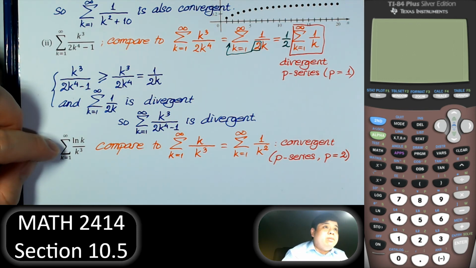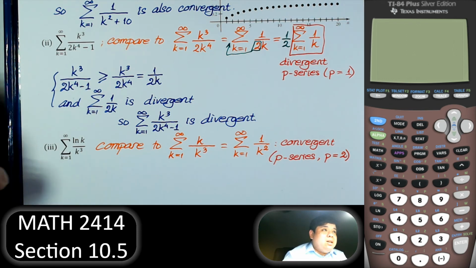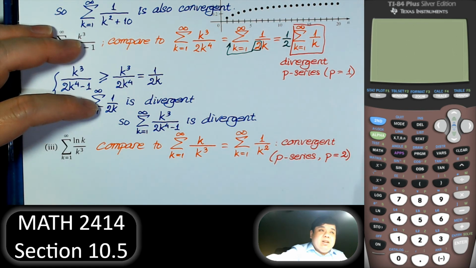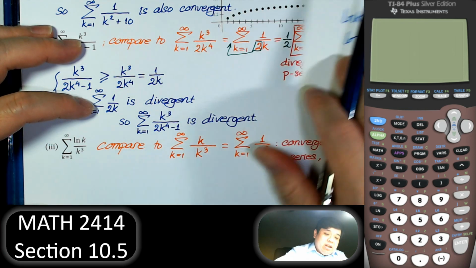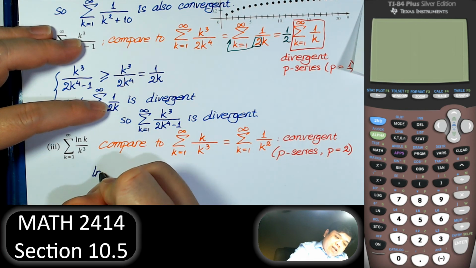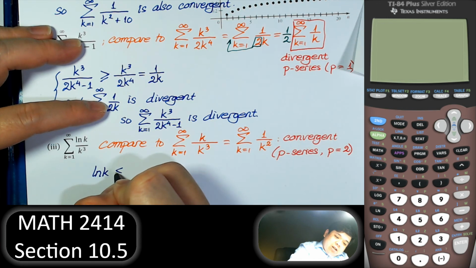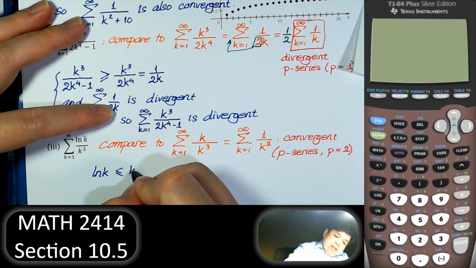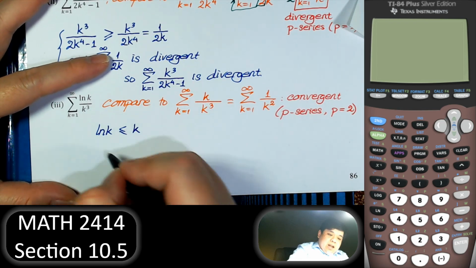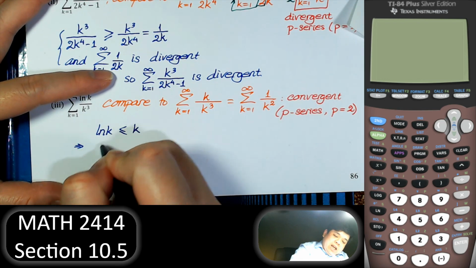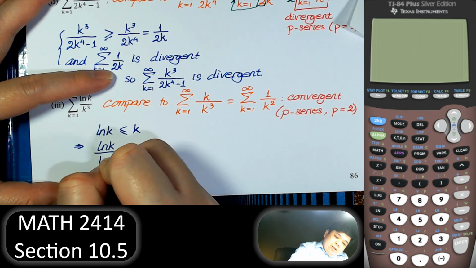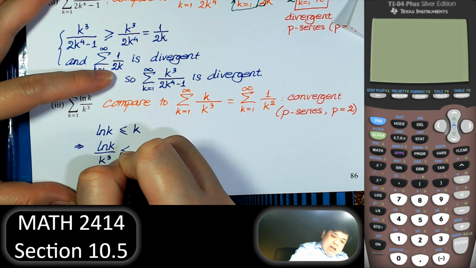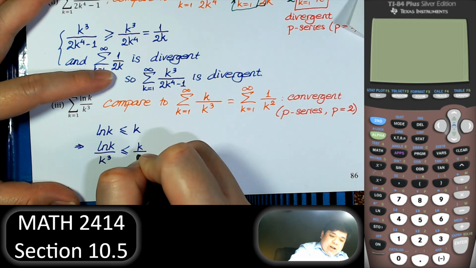Right, so we compare to that, and then we see which one is bigger. Well, I did mention that ln is less than any power of k, right? So ln of k is less than or equal to k. So now when we divide by k cubed, it's going to be less than or equal to k over k cubed.